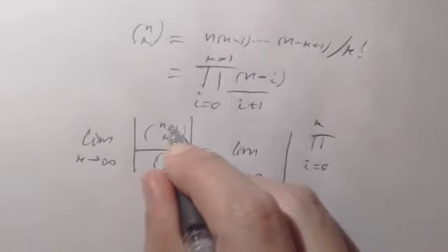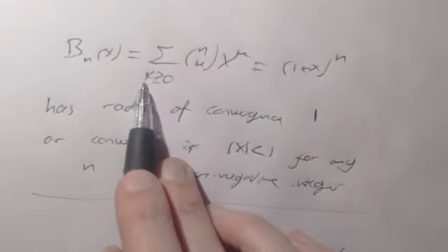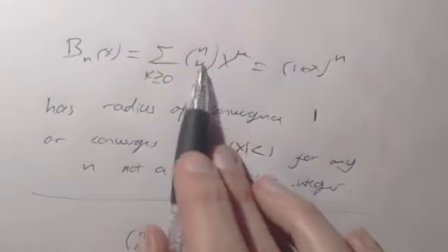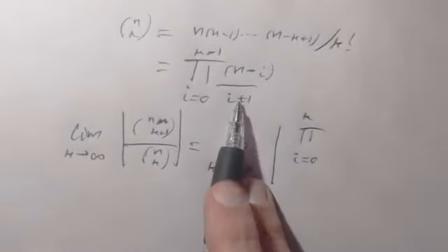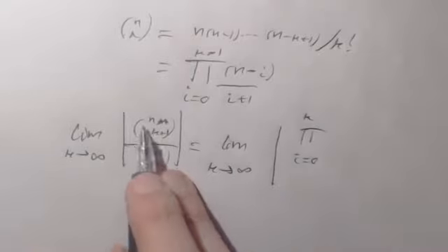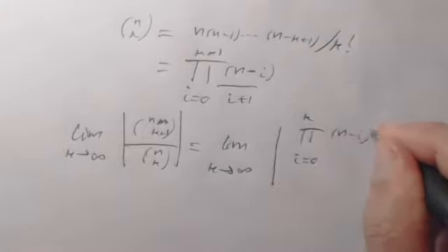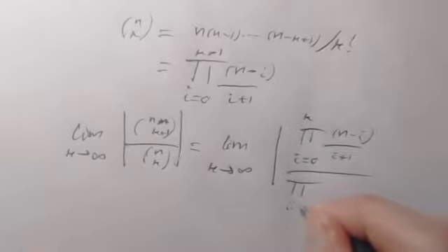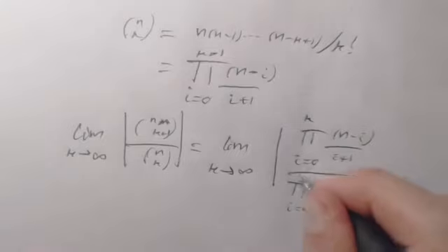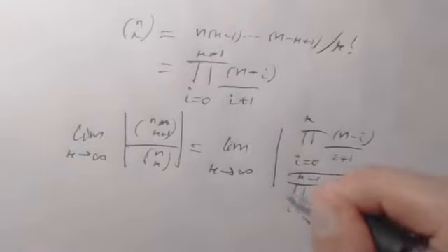Sorry, this is n choose k plus 1, as it's k that's being summed over. So, in this formula, we go from i equals 0 to k plus 1 minus 1, just k. And we get n minus i over i plus 1, divided by the product from i equals 0 to k minus 1, same thing, n minus i over i plus 1.